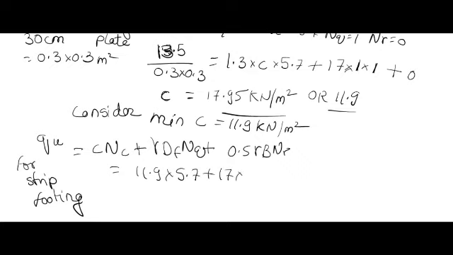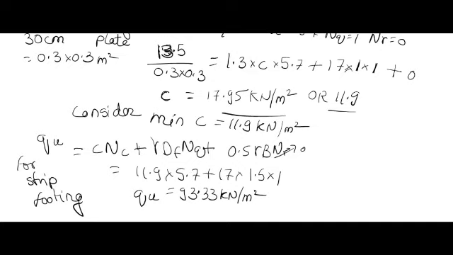Now here the depth of foundation is 1.5, NQ is 1. Again N gamma becomes 0, so it finishes here. So from it we get QU as 93.33 kilonewton per meter square.